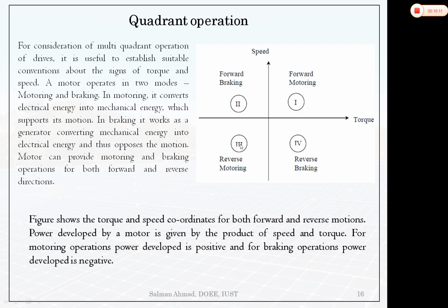Now the fourth quadrant: torque is positive, speed is negative, so the product will again be negative, so we call it braking operation. But speed is negative, so we call it reverse braking operation. So the first quadrant is forward motoring, where both speed and torque are positive. The second is forward braking operation. The third is reverse motoring operation, and the fourth is reverse braking operation.